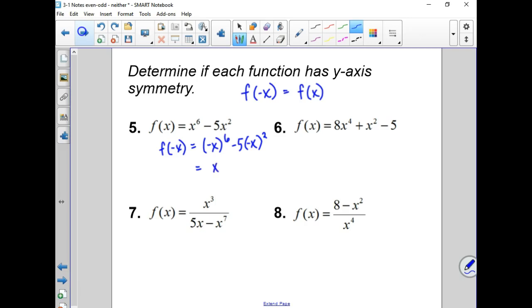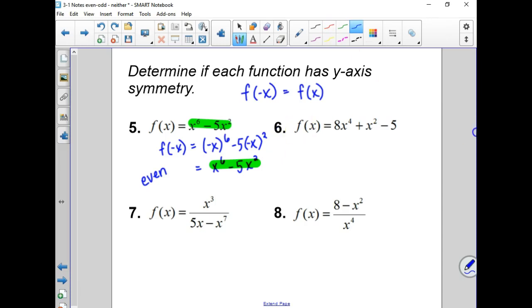So I've got x to the 6th minus 5, and then this x squared, that negative there, is also going to go away. So what we see here is that our original matches our final, and that means that this is an even function.